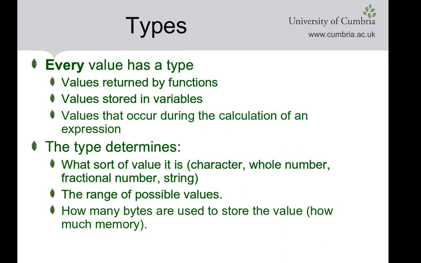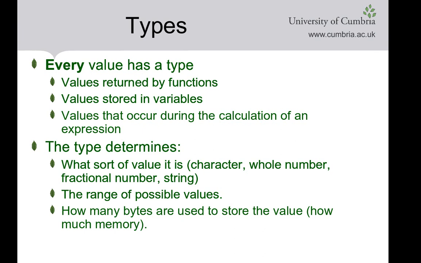The type of data also has a bearing on the range of possible values that can be stored in that data item. For example, with integer values, we can have short integers or long integers. We could even use something called a byte to represent integer values, which is much smaller.